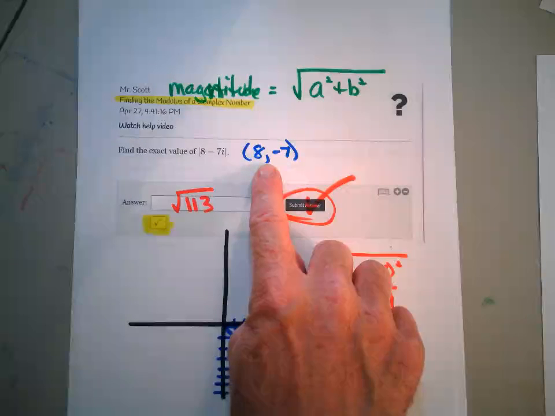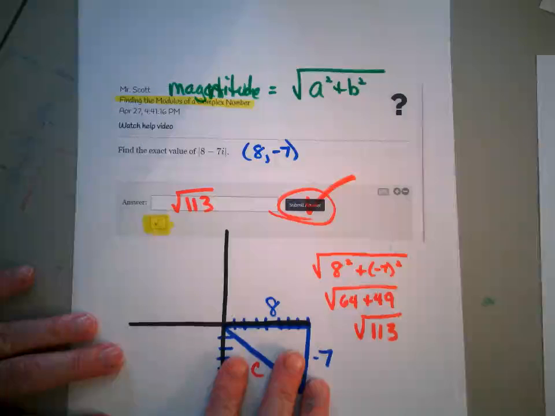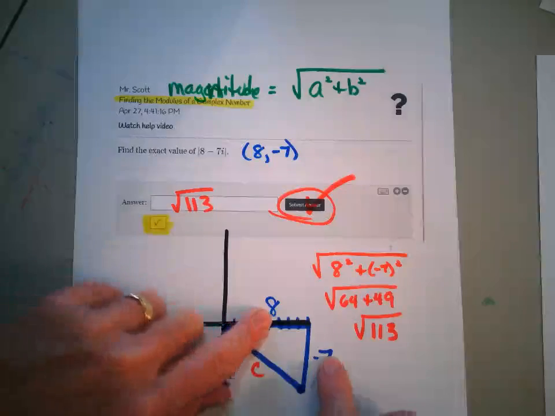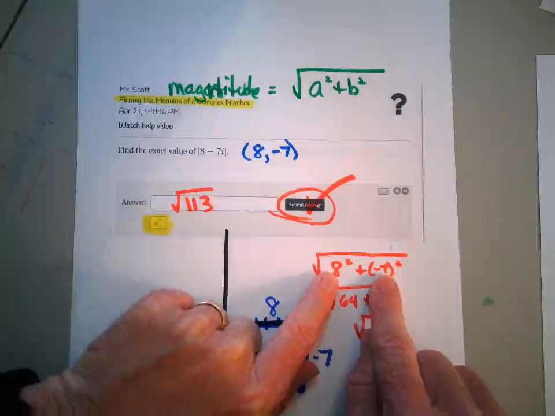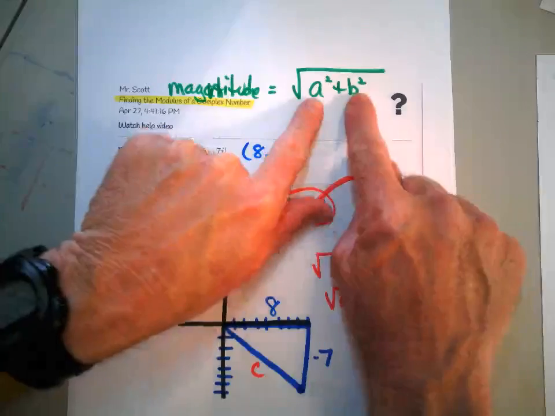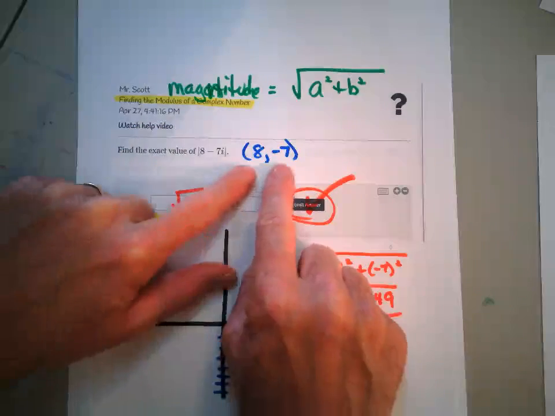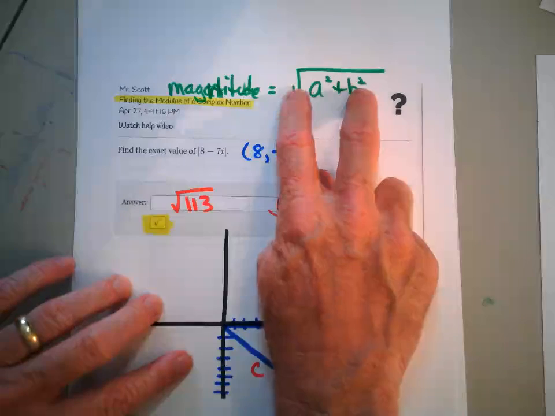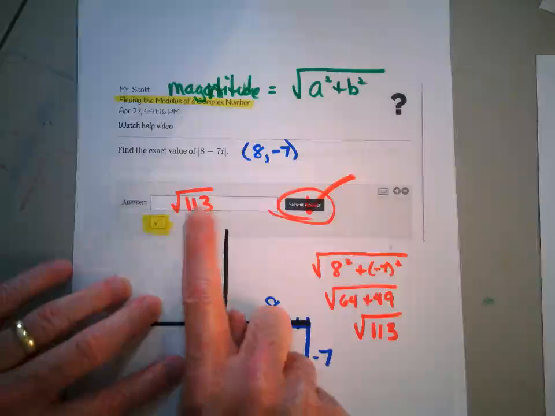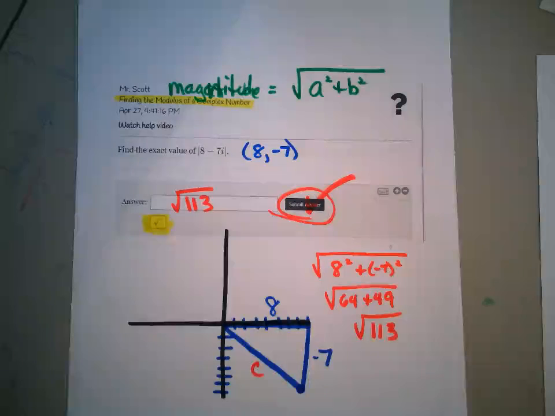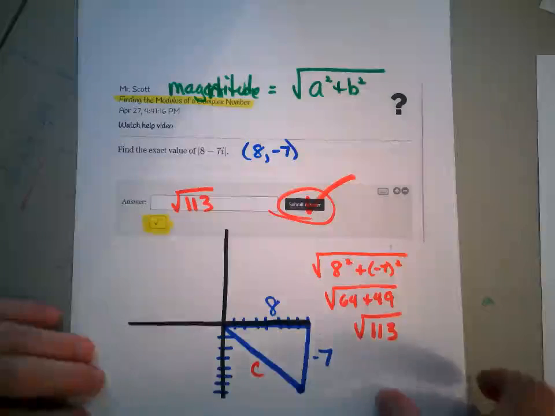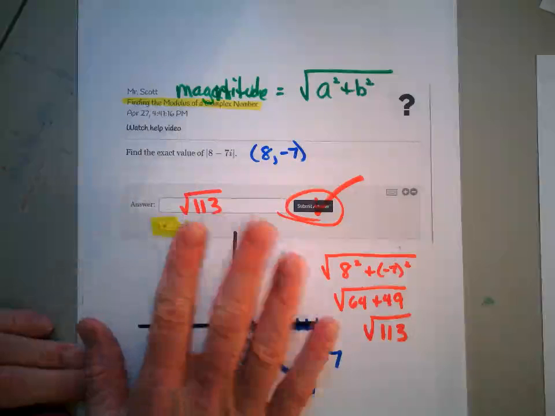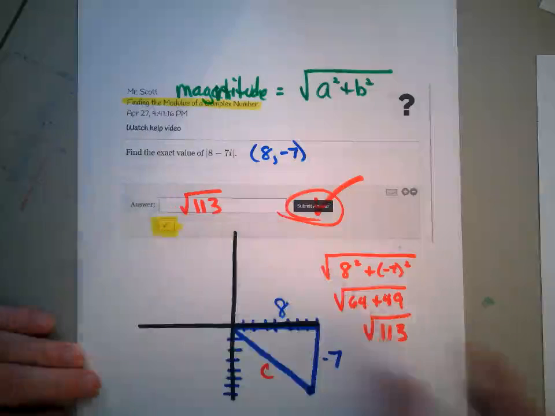And if you're paying attention, you don't really need the triangle, because the two values that make up the triangle are the two values that go into the square root. So really all you need to know is that these two values, 8 and negative 7, become the a and the b. Square them, take the square root, and you've got your modulus, which is the magnitude. All right, so that's the second section. This section does not have a penalty attached to it. So if you mess this one up, I won't penalize you for that one.